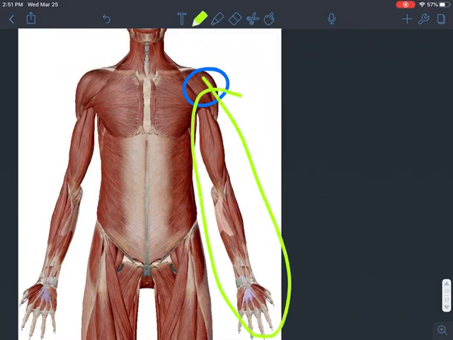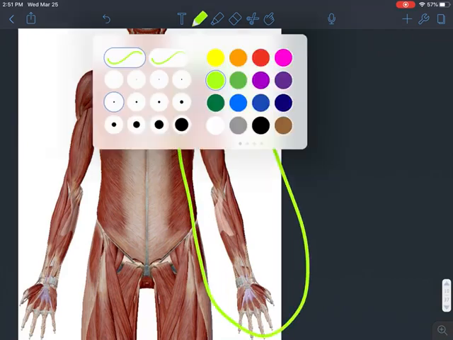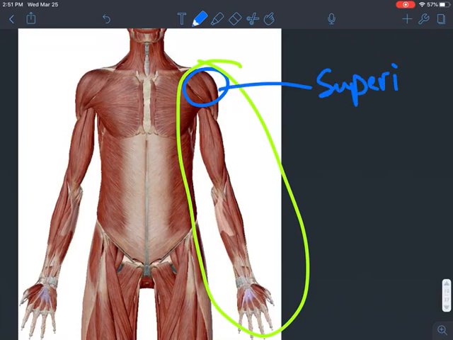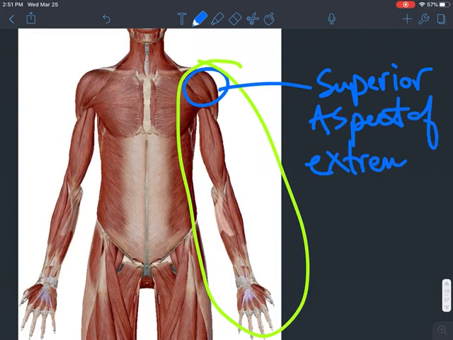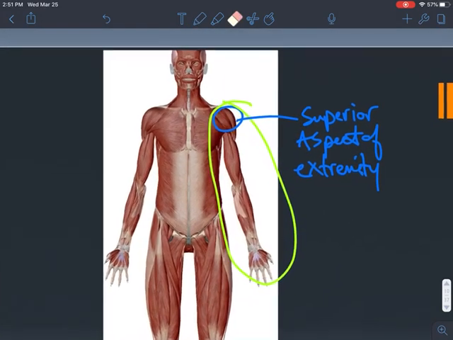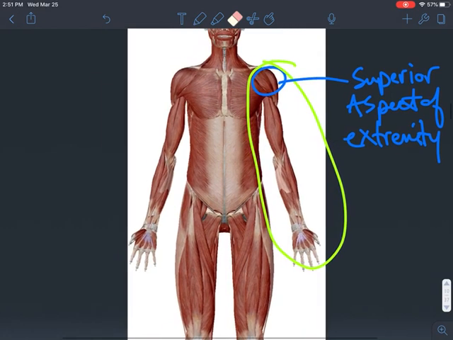So if there's your whole upper extremity, your shoulder is on the superior part of it, superior aspect of extremity. So there's an example for aspect of, superior aspect of. So your shoulder is on the superior aspect of your arm.